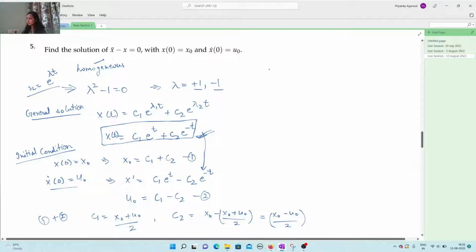Okay. So let's try to solve another question, which is x double prime minus 2x prime plus 5x equals 0 with the initial conditions given as x of 0 equals 1 and x prime at 0 equals 0. So again, in a similar way, we can write the characteristic equation for this.